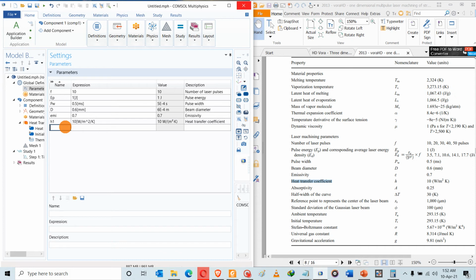Excuse me. Then we have absorptivity, which is 0.25.